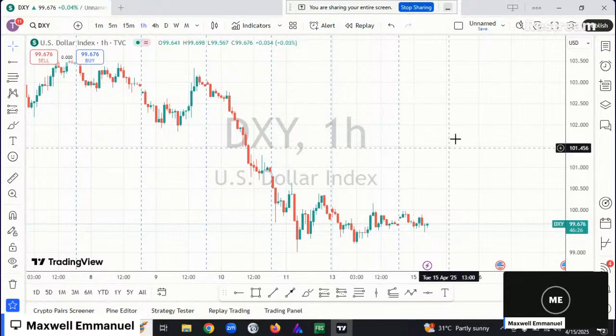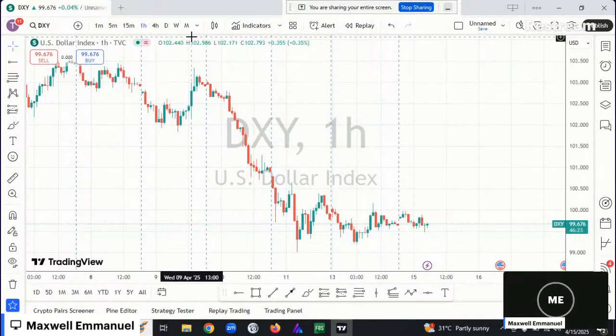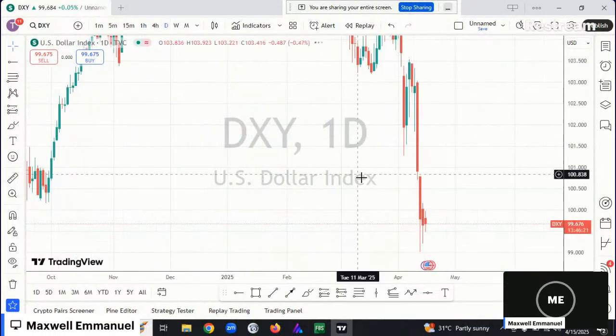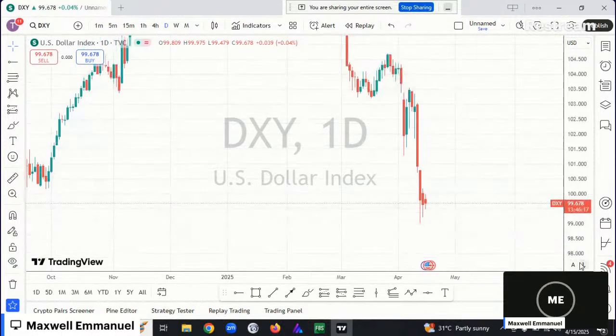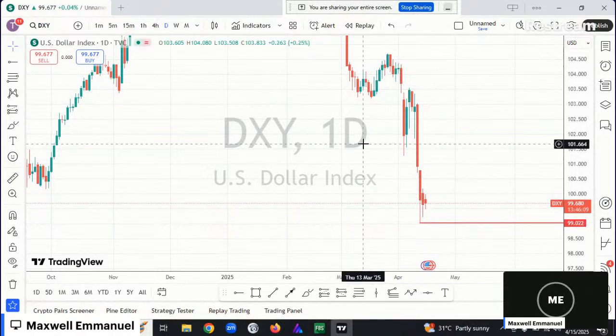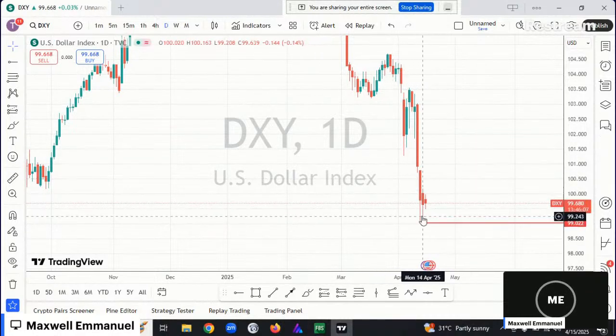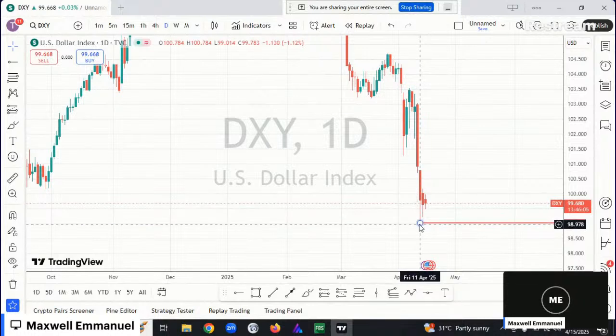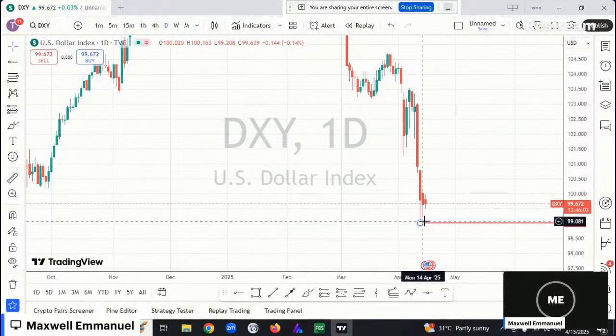So let's start with the daily. Let's see how yesterday's candle closed. Yesterday's candle closed strongly bearish, but it respected this previous low. It closed bearish, and I'm sure this week DXY is going to come for this low.